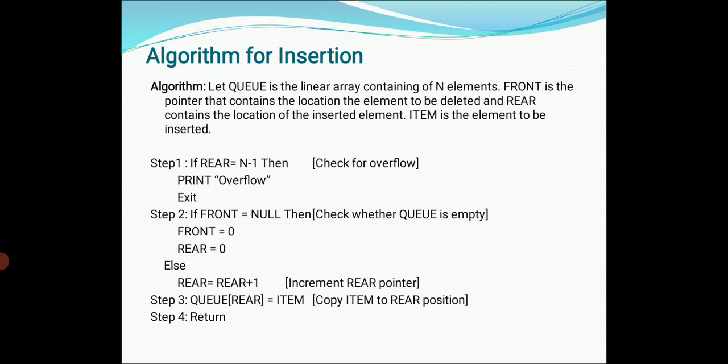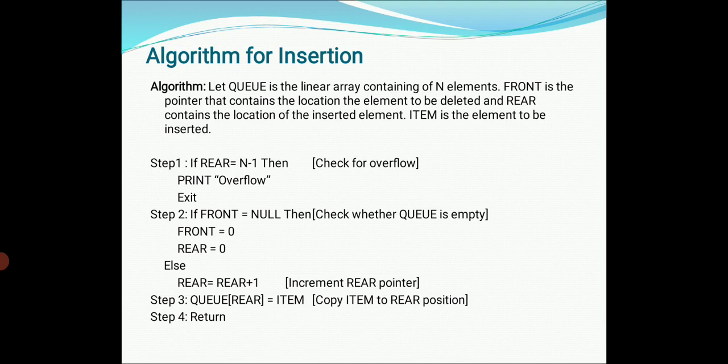Step 1: if rear is equal to n minus 1, this condition checks whether the queue is overflow or not. When this condition becomes true, it prints that the queue is an overflow. When this condition becomes false, go to the next statement, step 2.